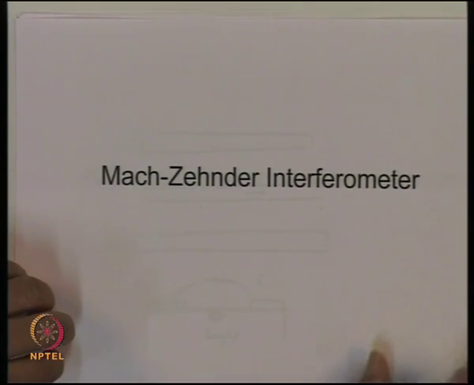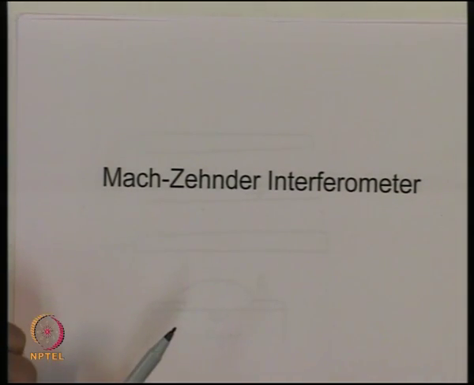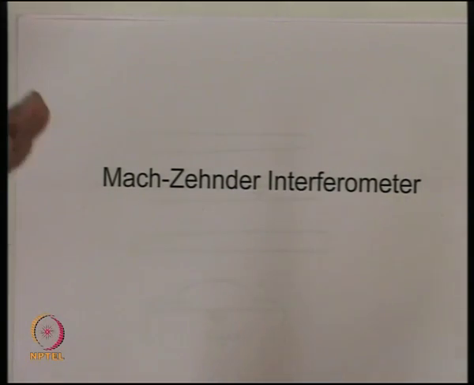So the idea here is very simple. Essentially, as the name suggests, you have an interferometer here. You take the light, and let the light go by two paths. One of the paths is like a phase modulator. You change the phase.